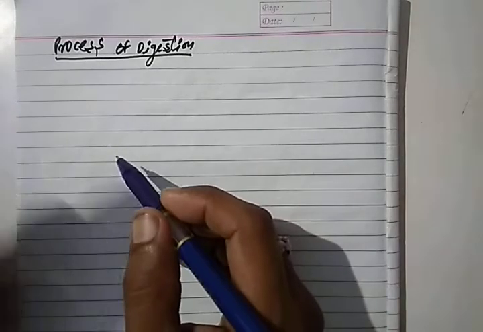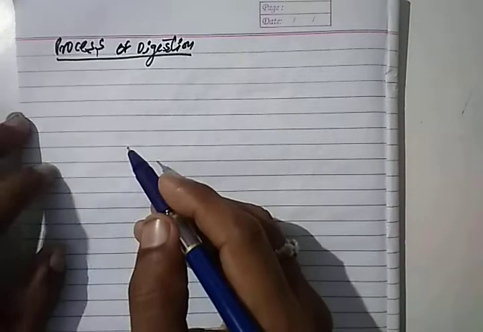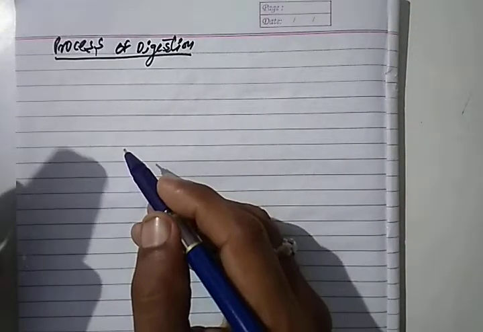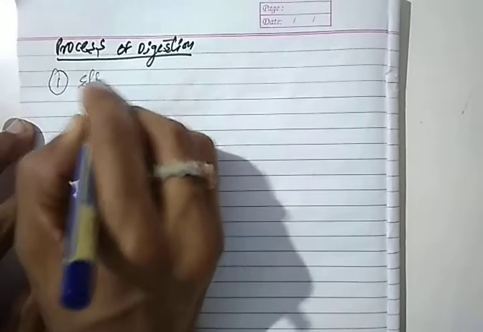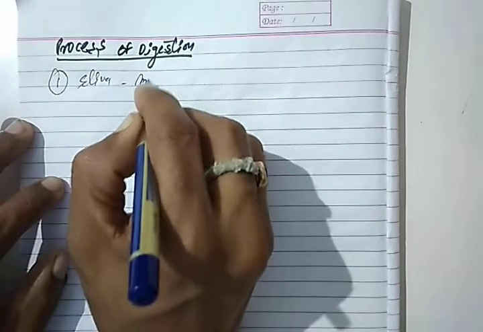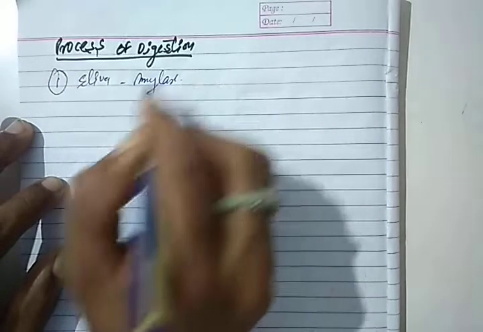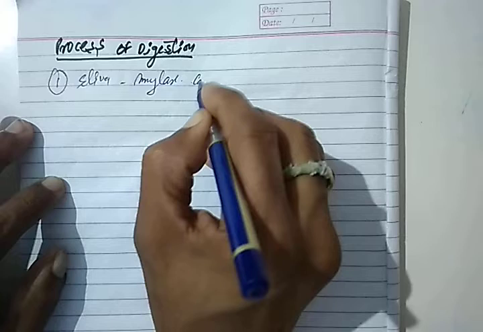So let us try to know the process of digestion with the help of digestive enzymes. Number first, saliva, which includes amylase. It is basically a carbohydrate digestive enzyme.